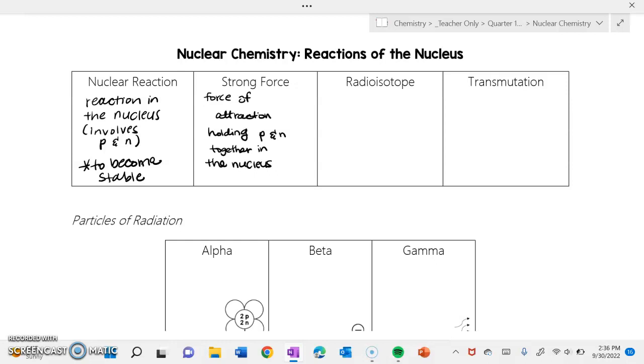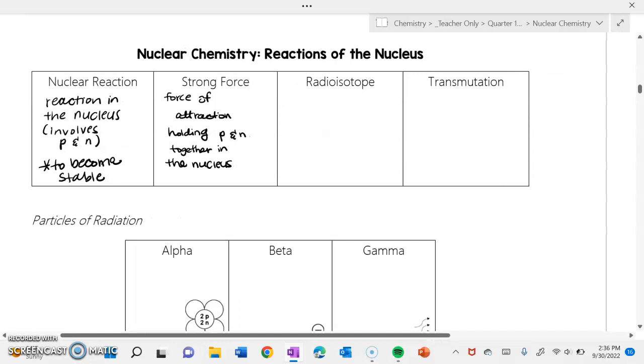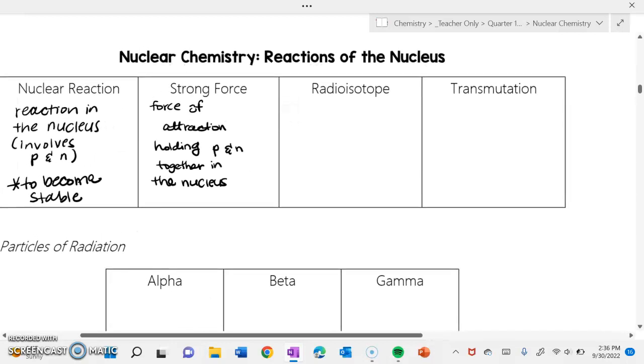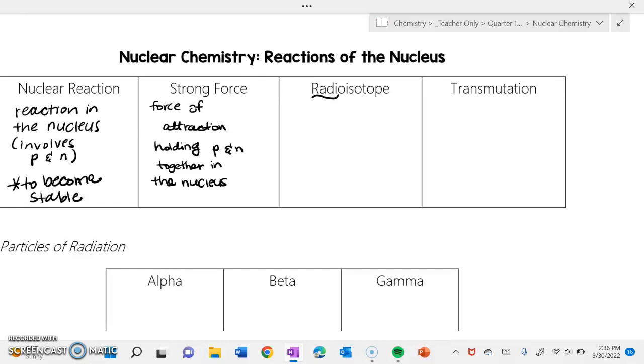Now back to our reactions of becoming more stable. A radioisotope is another word for the atom that's way too big, the one that's unstable and needs to go through radiation or a nuclear reaction in order to become stable. So radio, think like radioactive, isotope is a type of atom.